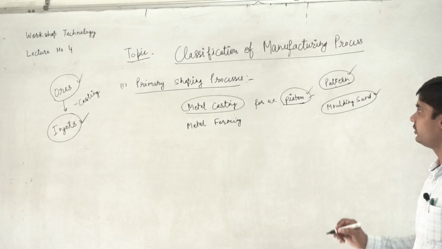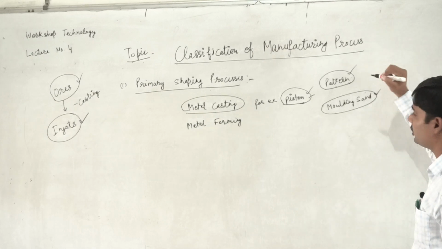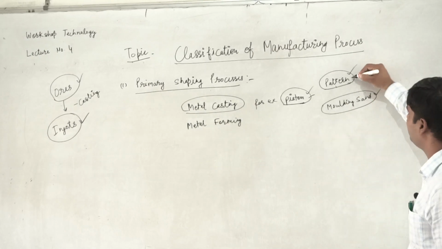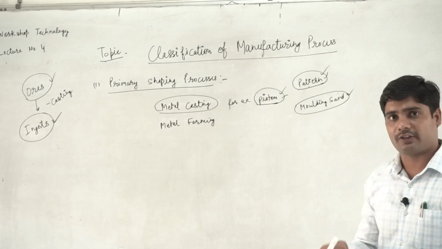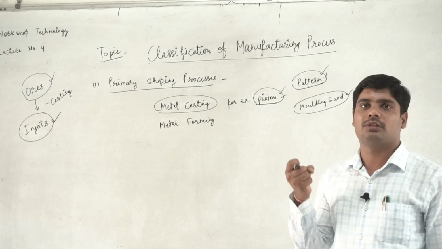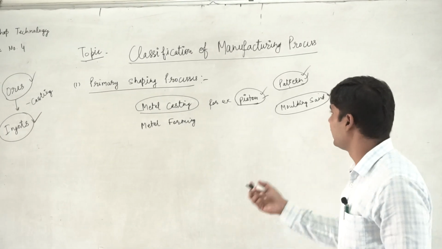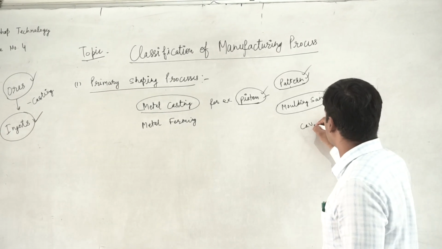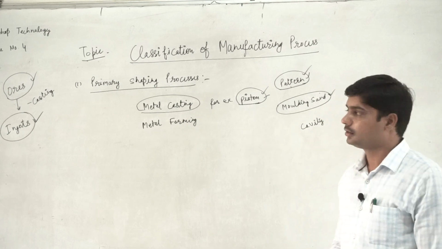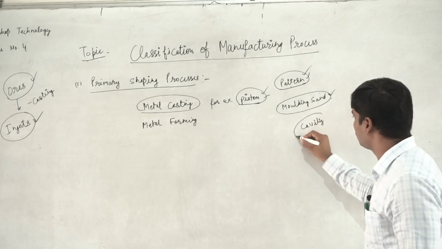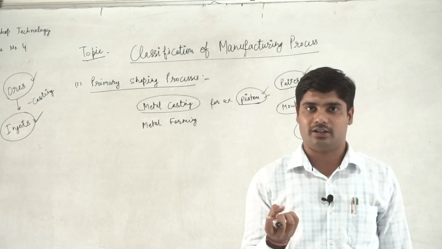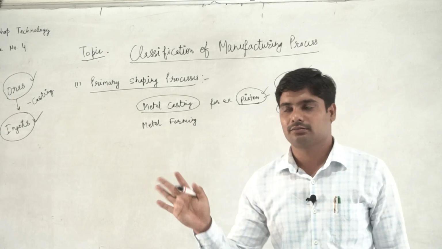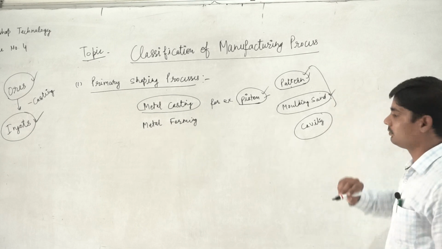Some additives and some constituents are added into the silica, clay and water content to convert it into the molding sand. Now this pattern is placed inside the molding sand, and then carefully it is removed from the molding sand, making a cavity in it. How it has been made doesn't matter.